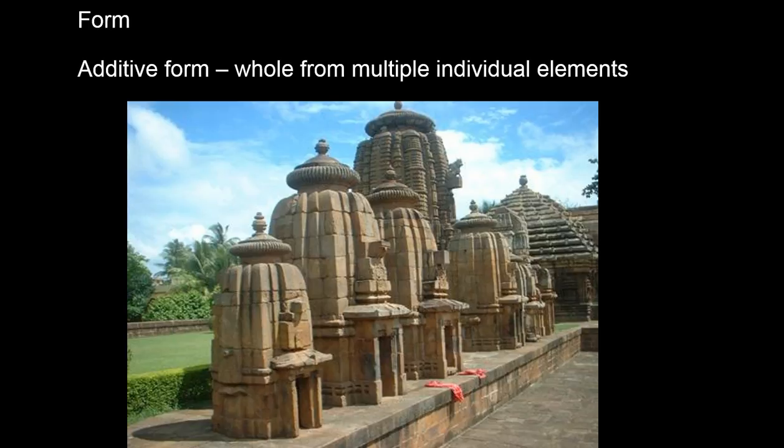So this is the picture view of that same temple that we saw earlier. It has a linear form, but it's also considered an additive form in that the overall composition is made up of lots of pieces that are brought together in that line. Okay? And so a lot of times when you are analyzing something, it's going to be using more than one of these criteria. Okay? All right.